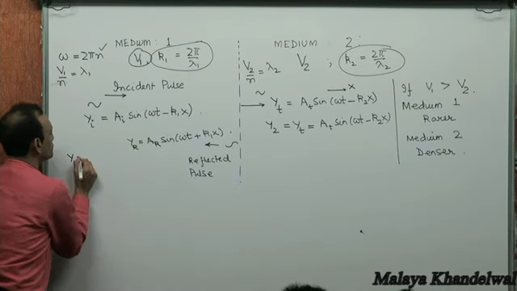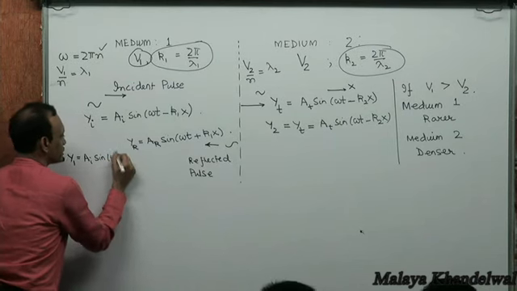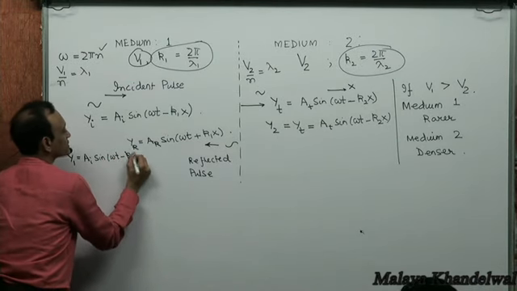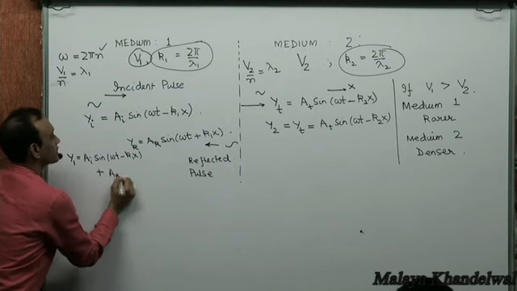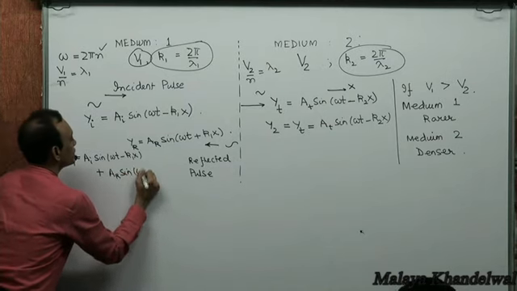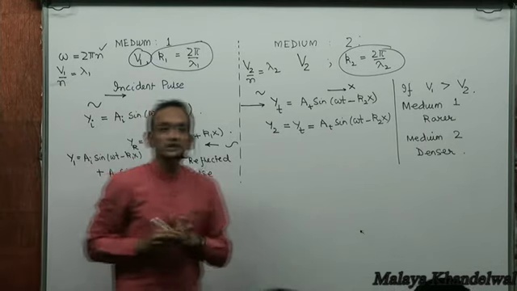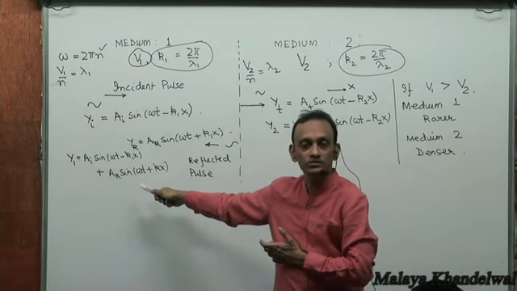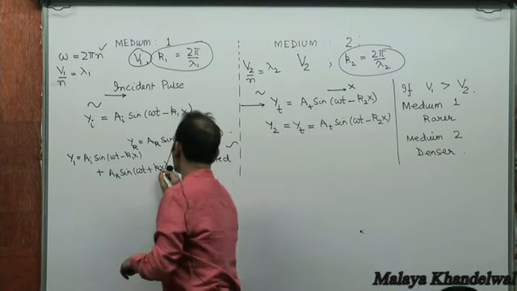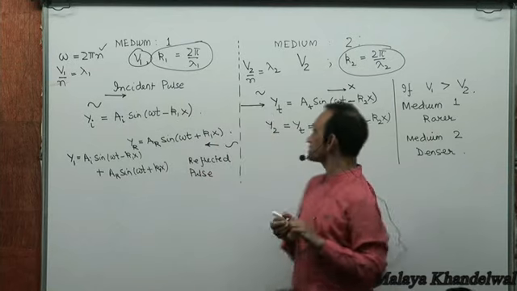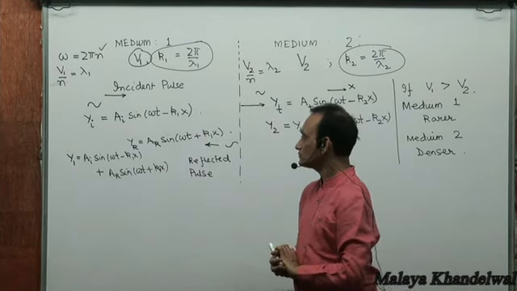And that's going to be A_i sin(ωt − k1x) plus A_R sin(ωt + k1x). That's the displacement profile produced in medium 1, right?